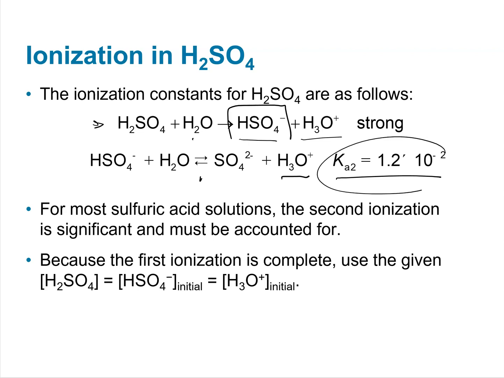Now this, like I said, is significant because it's 10 to the minus 2. So it says, for most sulfuric acid solutions, the second ionization is significant and must be accounted for. That depends on the degree of accuracy you're hoping to get.